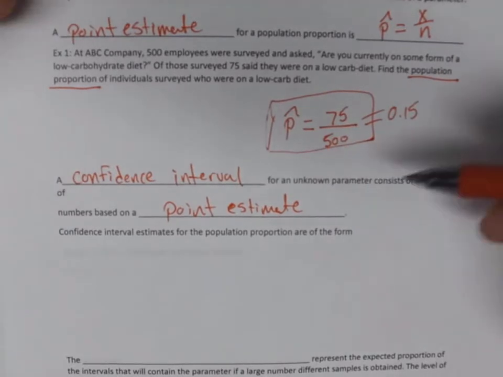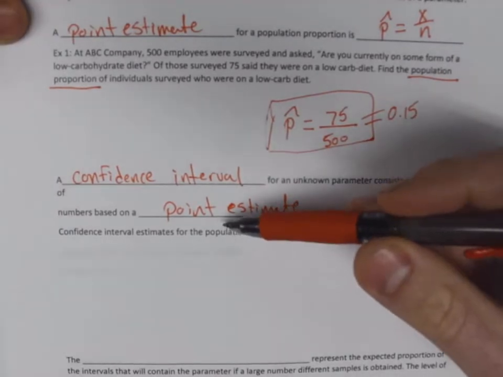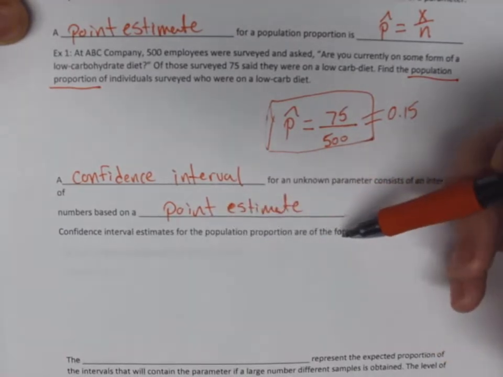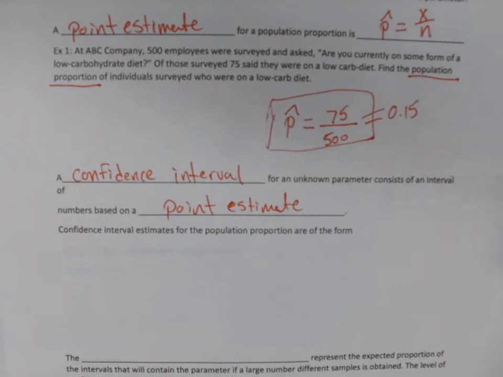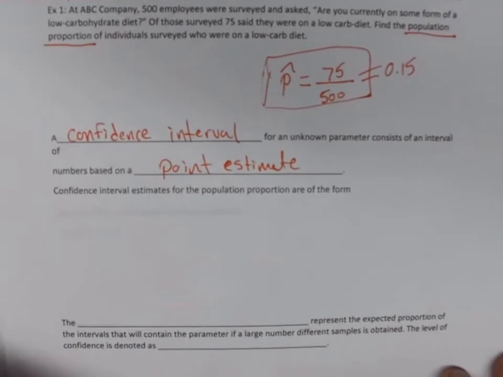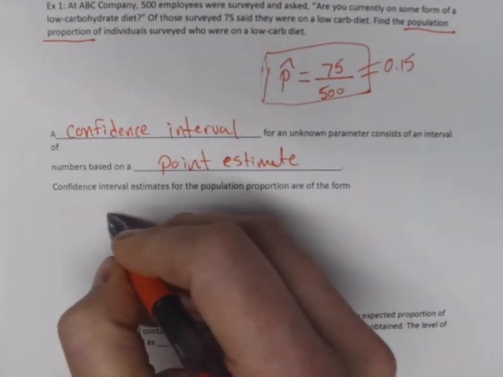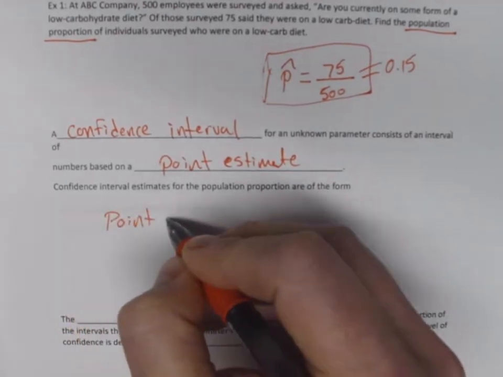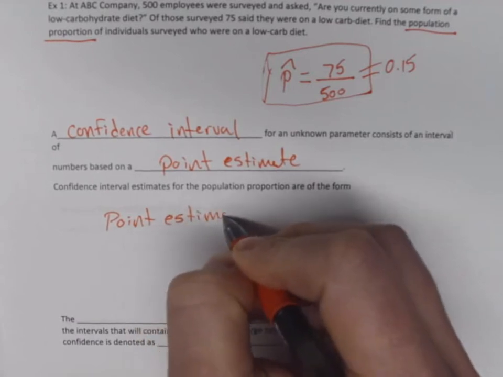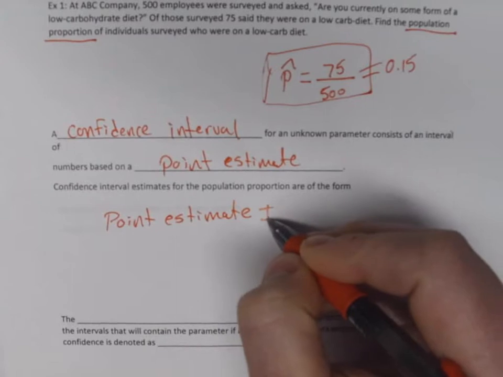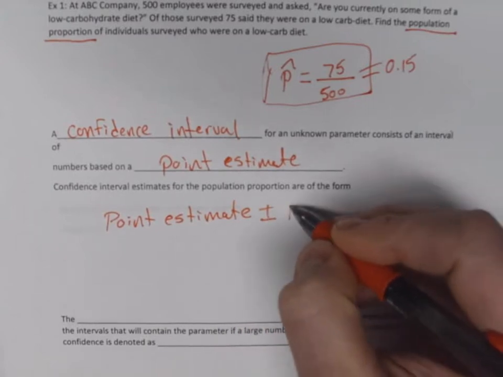All right, confidence interval estimates for the population proportion are of the form. All right, so this is just the general guideline of how to find a confidence interval. I'll get into the more detailed formula here in a minute. So it's the point estimate plus or minus the margin of error.